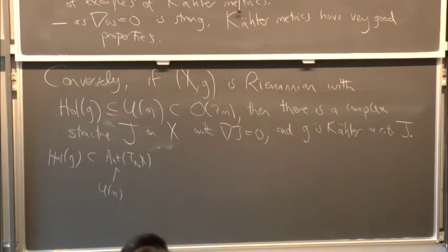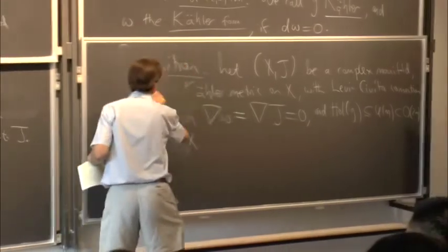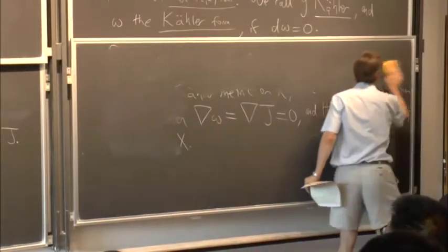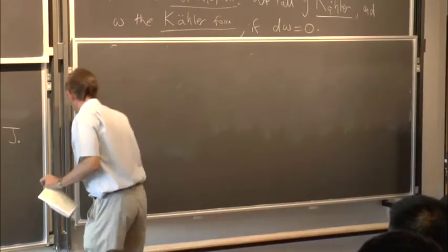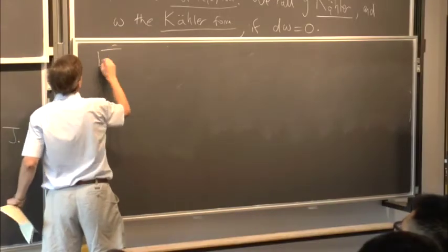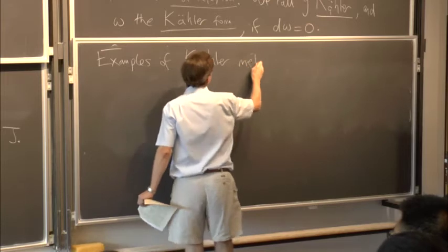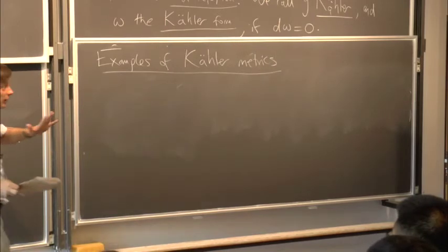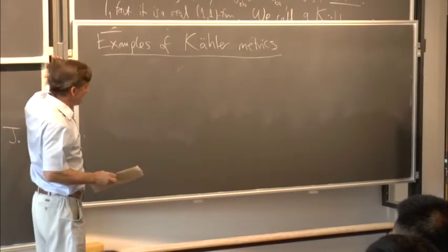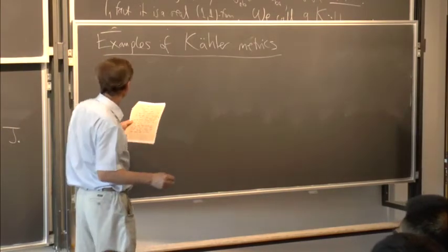Okay, so let's talk a little bit about examples of Kähler metrics. This is just a first thing to get us going. Later on I'll talk about Kähler potentials and then about the Calabi conjecture, and those will tell us more about just how many examples there really are.